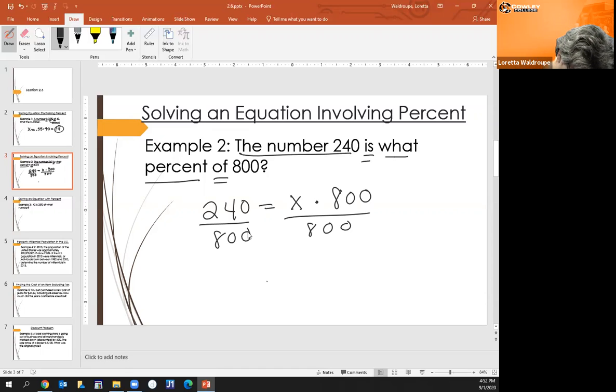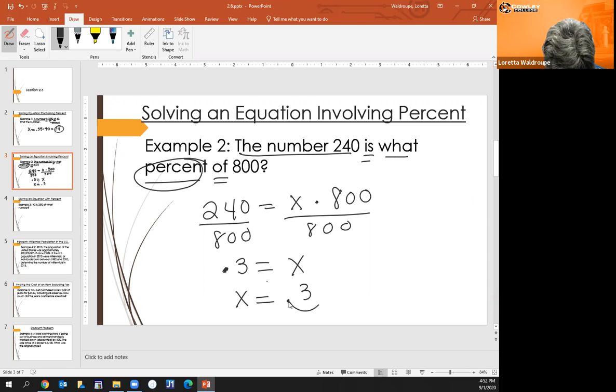And we get 0.3 equals X. But this says percent. 0.3 is the decimal. So if we want to change that decimal to a percent, we have to move that decimal point 2 places to the right to get 30%.